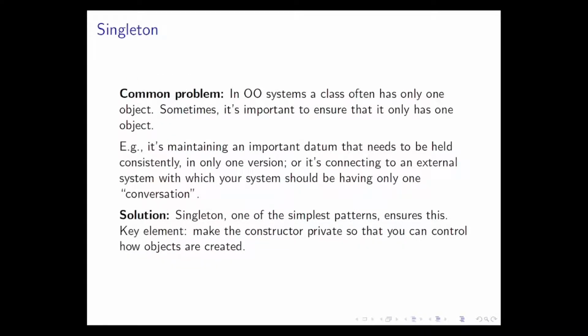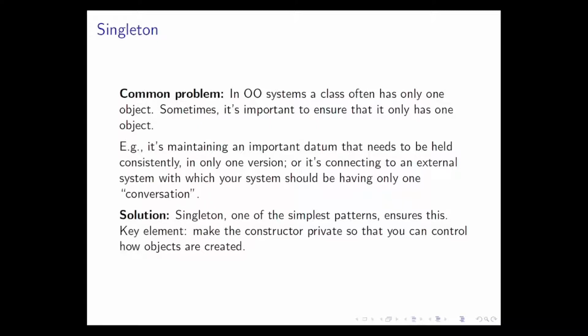So let's jump straight in with what is perhaps the simplest pattern of all, namely Singleton. So, in object-oriented systems, it often happens that a class has and should have only one object. Perhaps it controls some important piece of data that has to be held consistently. You mustn't have two different versions of that datum.